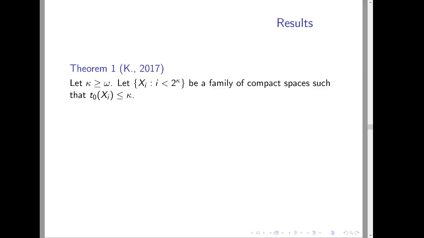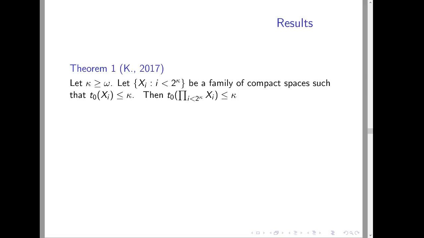Alright, so let me show you answers. It turns out that yes, there is a counterpart of Malykhin's theorem for functional tightness. Let me show you two theorems. Let us fix an infinite cardinal number kappa, and let us consider a family of 2 to the kappa many compact spaces. And assume that the functional tightness of each of them is bounded by kappa. So we have 2 to the kappa many spaces, and kappa is a common bound for functional tightness of all factor spaces.